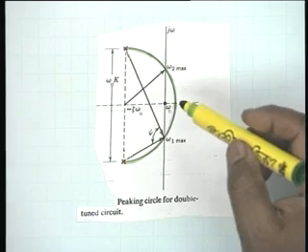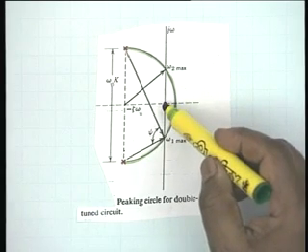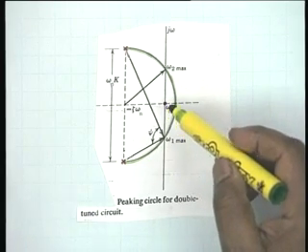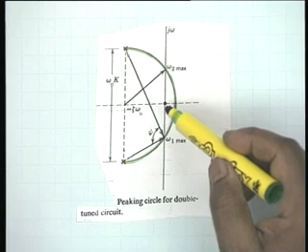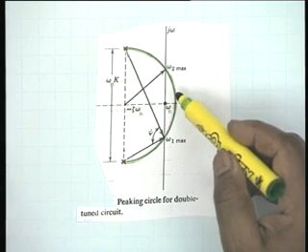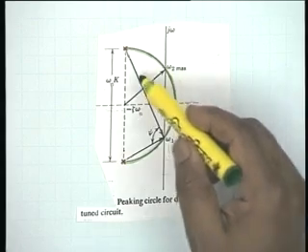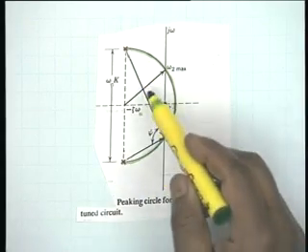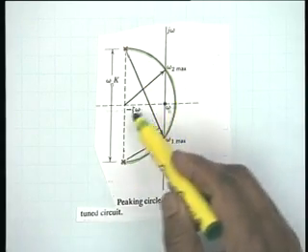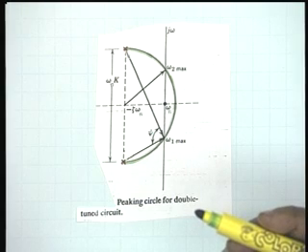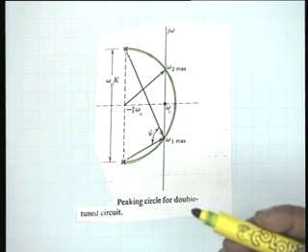If k is equal to 2 zeta, then this circle shall touch the j omega axis at omega equal to omega n, and when k is less than 2 zeta, the circle will not touch at all. It will cross the real axis at a certain point, but it will not touch the j omega axis.